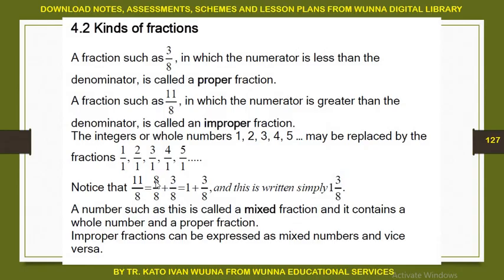In other words, one of the figures that you are adding up to get 11, or any numerator, should be a multiple of the denominator. 8 is a multiple of 8. So 8, we can just add on another value that gives us 11. Why are we taking 8, a multiple of 8? Because we shall have to reduce this to get a whole number.